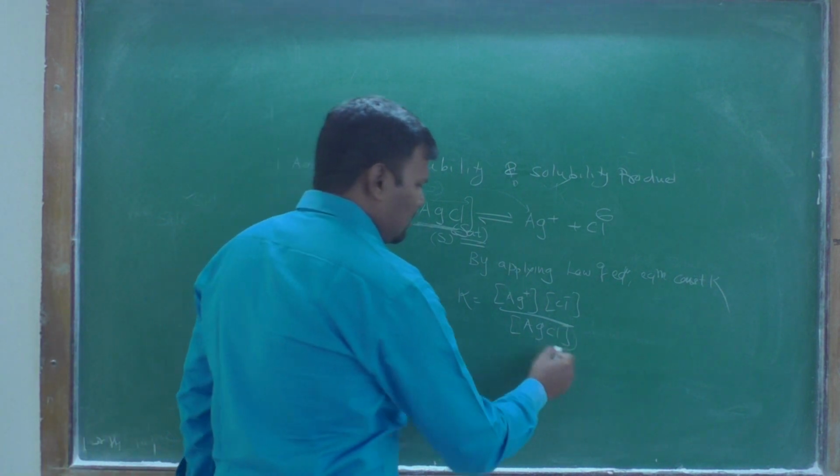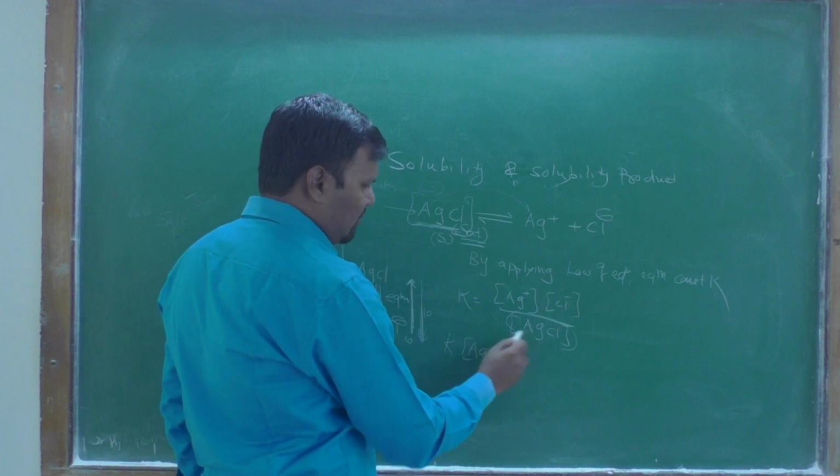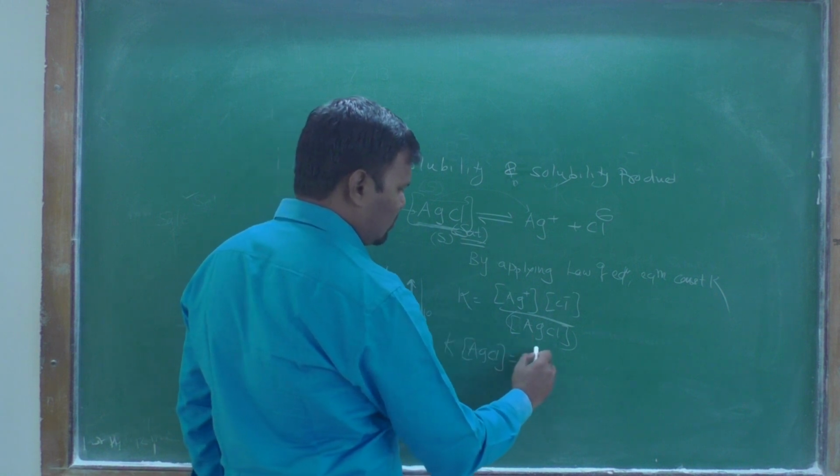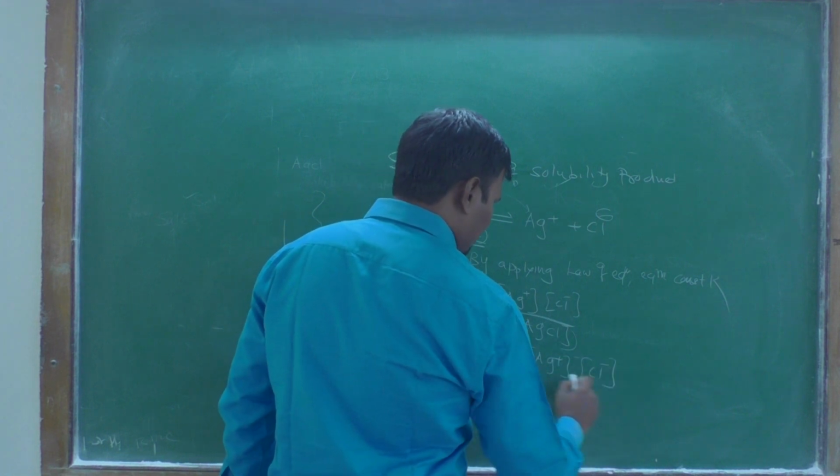Therefore that quantity is considered a constant. So K times that constant is equal to the Ag plus concentration times the Cl minus concentration.